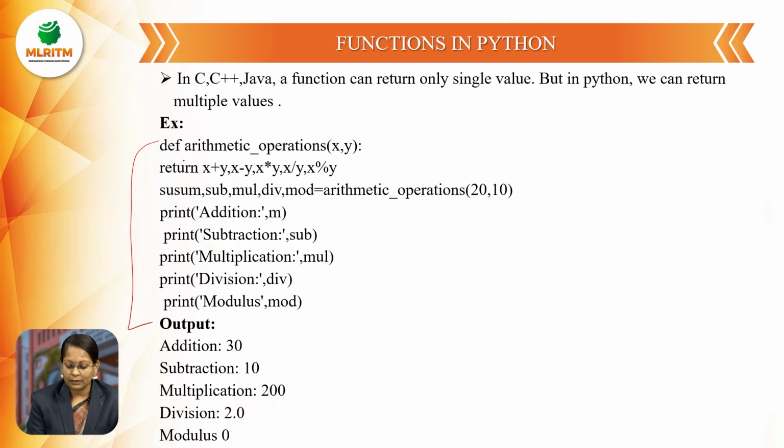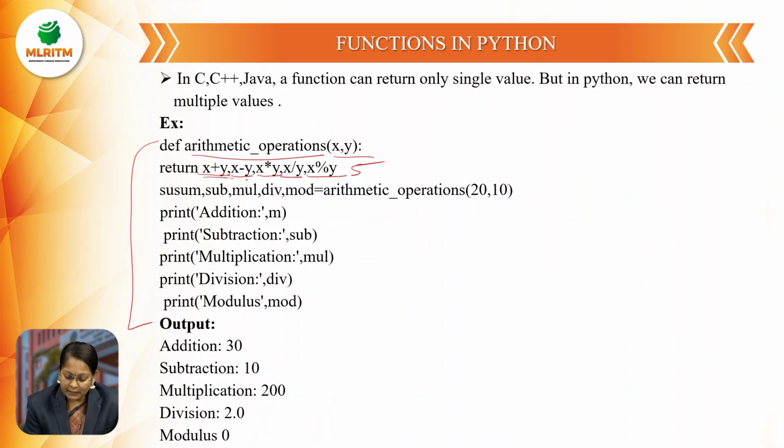The def arithmetic operations is the function name, and we are passing only two values, x comma y. So return x plus y for addition, x minus y for subtraction, x into y for multiplication, x divided by y for division, and x modulo y for modulo division. So at a time we are returning 1, 2, 3, 4, 5 values to the function.